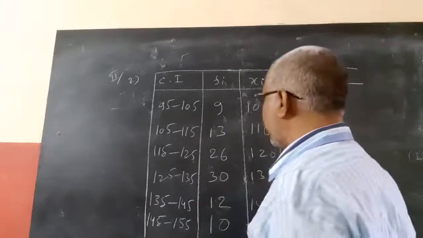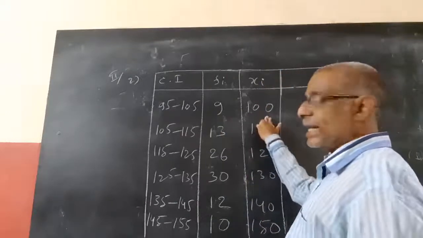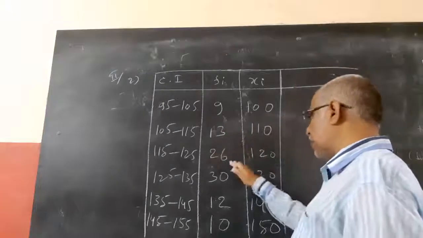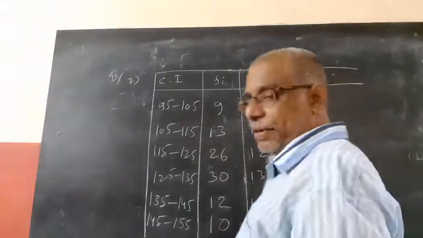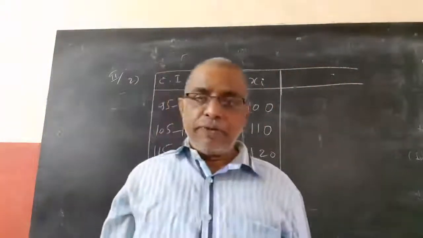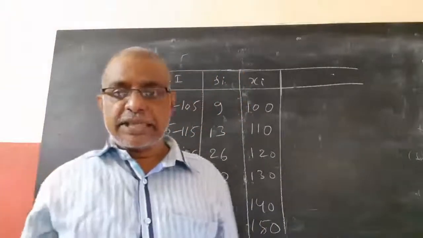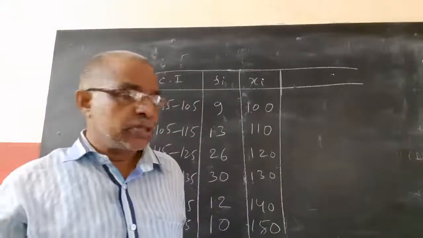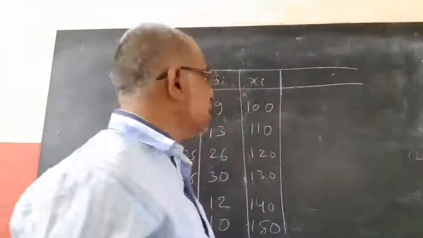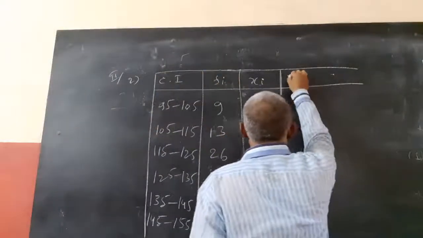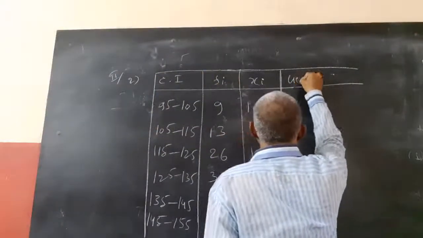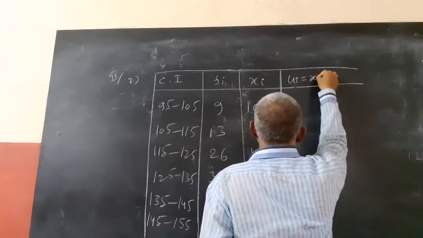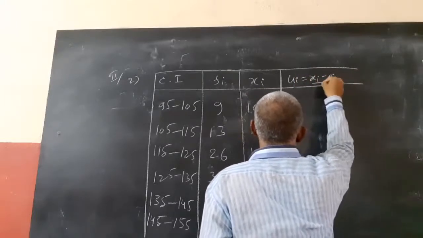Now, if I go for fi xi, it is tedious: 9 into 100, 30 into 110, 26 into 120, very big ones. So to simplify that, you learned the step deviation method in your 10th class. How did you proceed? You find di or ui, which is nothing but xi minus a by h.